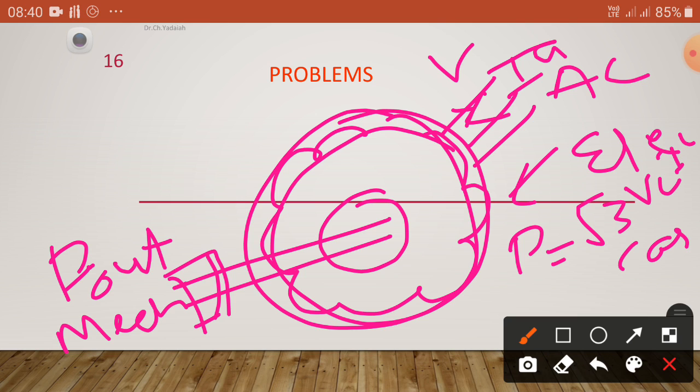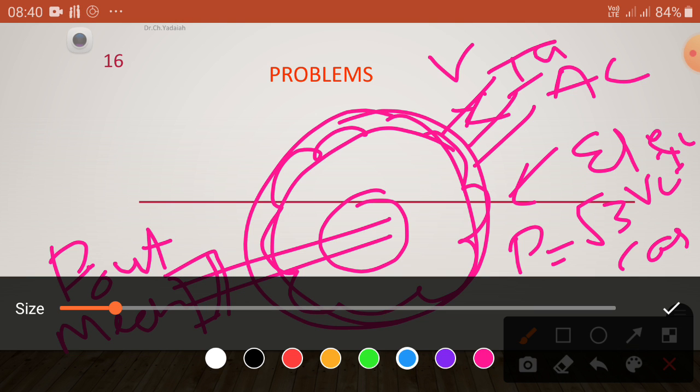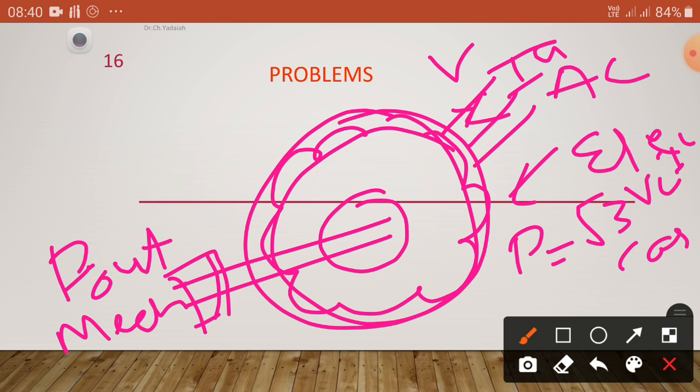So input power is equal to root 3 VL IL cos phi. At an instant, neglect the efficiency of the motor, take it as 100 percent, and the power factor is also unity. After the input power, some armature copper losses take place: I square RA for a phase, and for three phase, 3 into I square R losses.